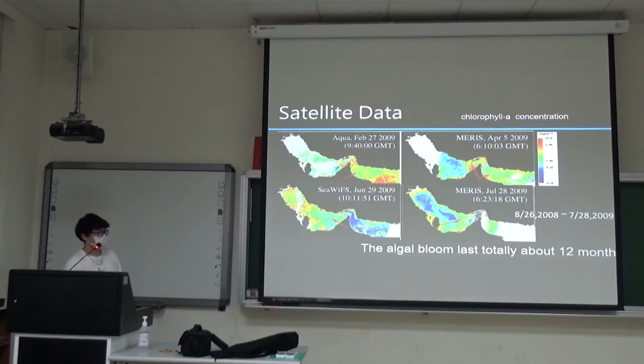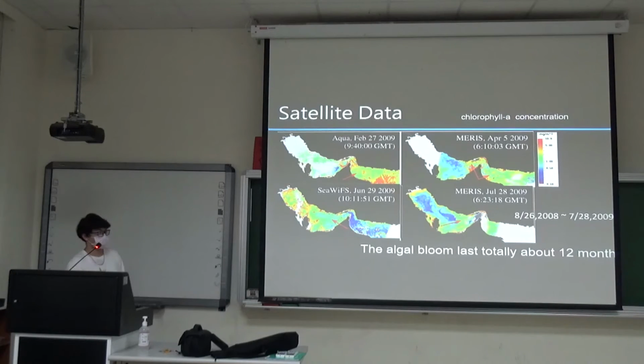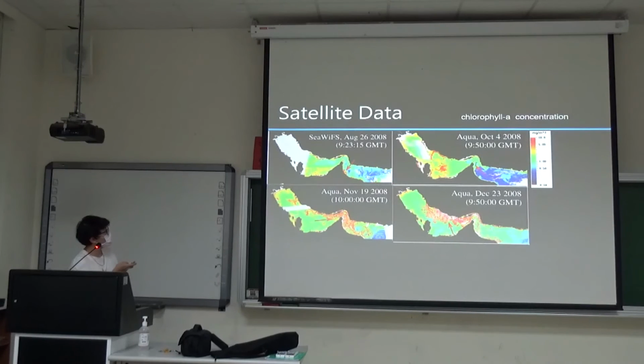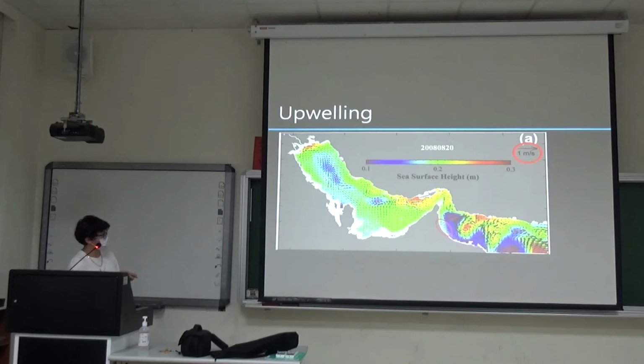Compared to the upwelling and the dust deposition, which one has more ability to cause the red tide? You want to know which one impacts more at the initiation. So this is our first data at August 26th, and we are much more sure that the initiation is caused by upwelling.